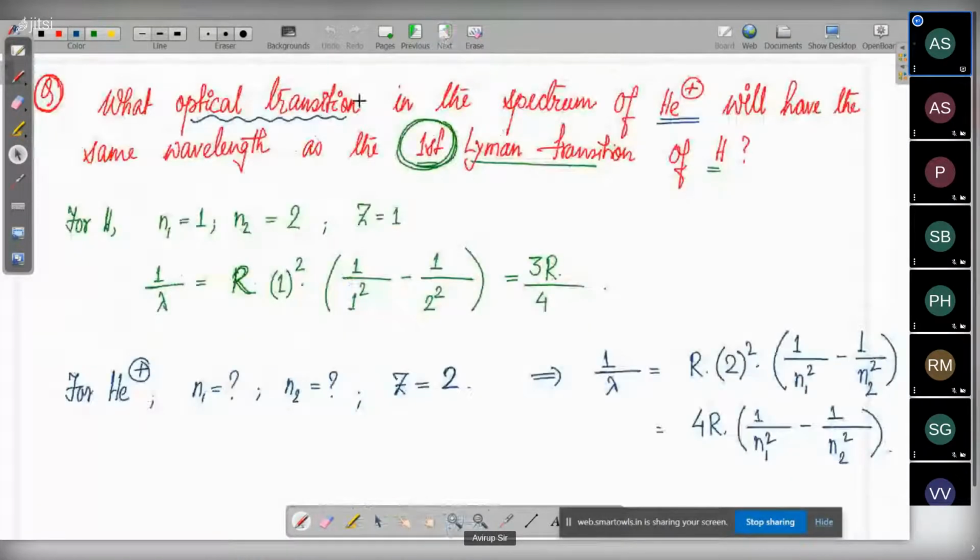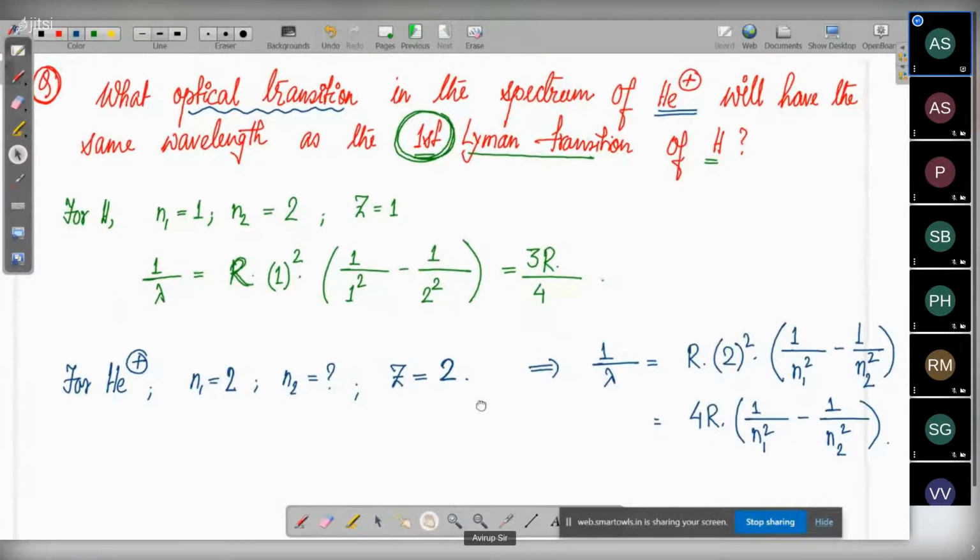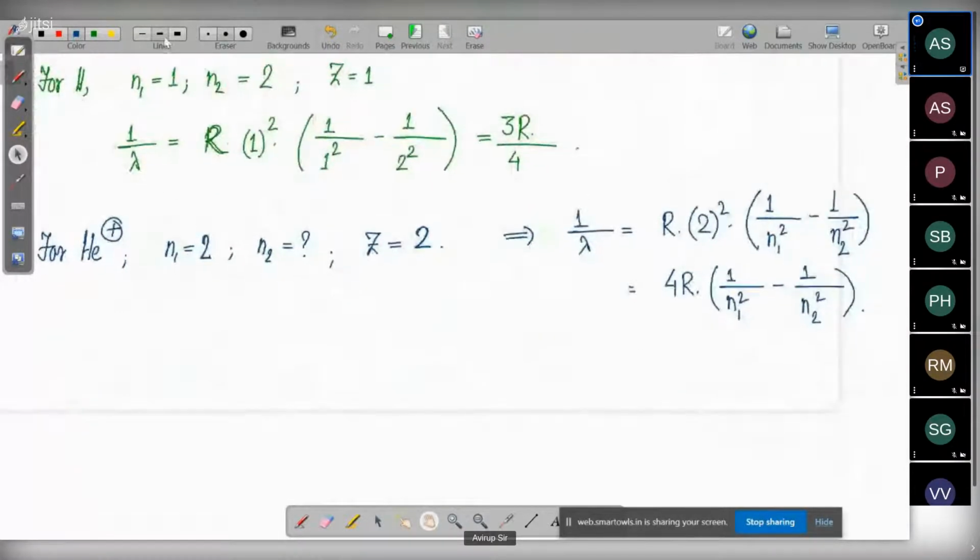So what optical transition is told means one of the values you know, that is 2. N1 is equal to 2. So thus you are getting 4R into 1 by 4 minus 1 by n2 square.